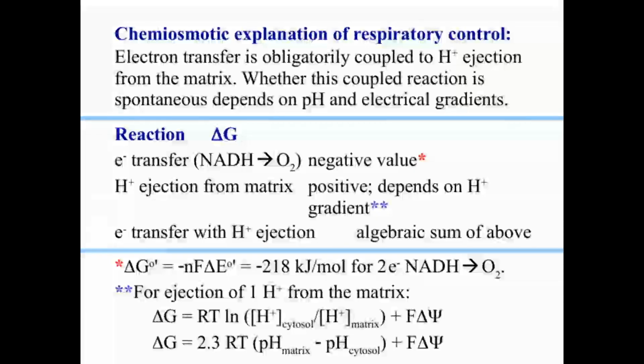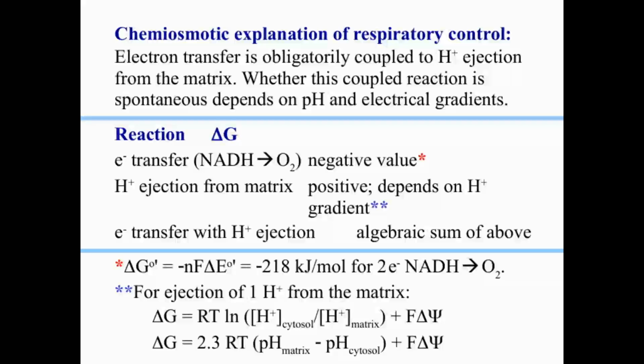So the key takeaway here is that the driving force for ATP synthesis ultimately hinges on this delicate balance of chemical and electrical gradients, all tied together through these energetic considerations. It beautifully illustrates how cellular respiration is fundamentally a process of controlled energy transduction.